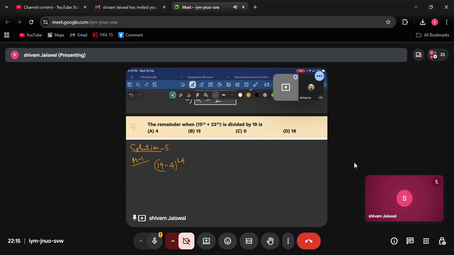This will be equal to 23C0 into 19 to the power 23 minus 23C1 into 19 to the power 22 into 4 to the power 1 plus 23C2 into 19 to the power 21 into 4 squared minus dot dot dot.